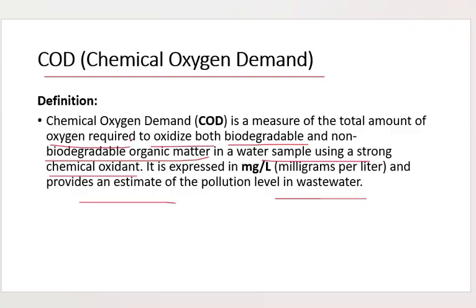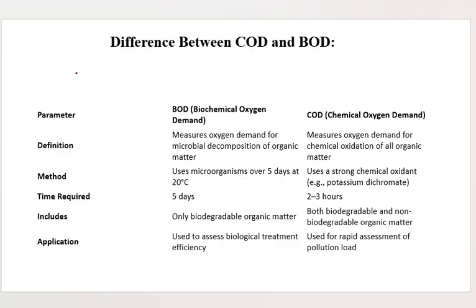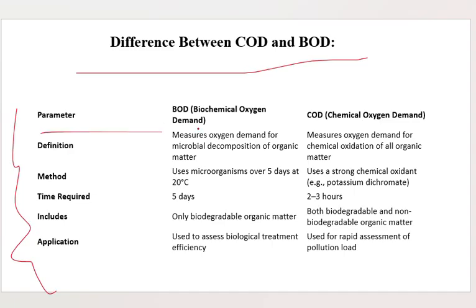So please remember that. And what are the differences between COD and BOD? This is also important for your examination. Maybe a direct or indirect question may be asked. Parameter: this is BOD, this is COD. Definition, as I have already explained.